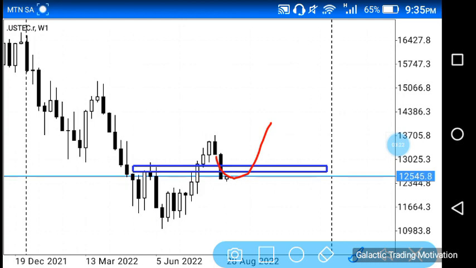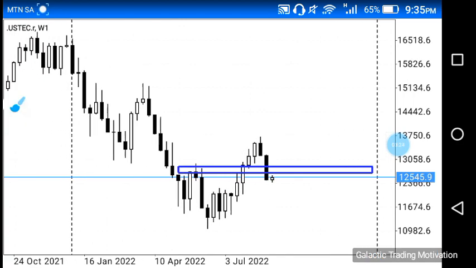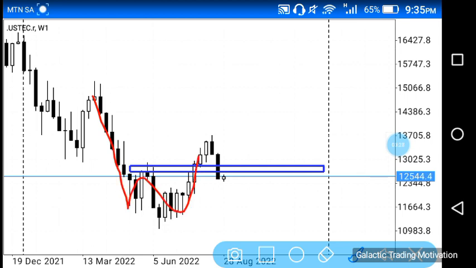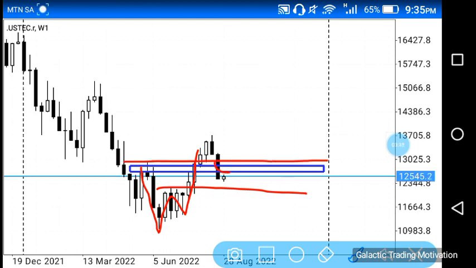Having said that, as much as we have this very nice W structure over here with a neckline being there, just also bear in mind that we also have another smaller W structure at this point with a neckline being at that level. So as much as we would love to see price retrace from where it is and move further up, there's a possibility that price may move to this level as well to test it and then possibly move up, right?